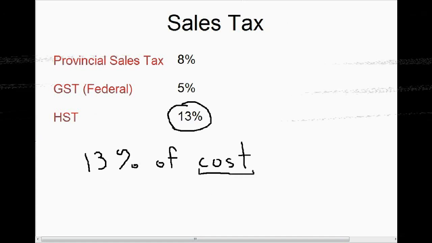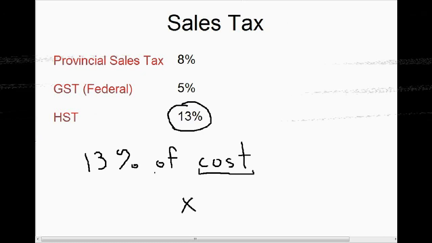The cost will vary depending on what we buy. If we buy a car, it costs a certain amount. If we buy an apple, it costs another amount. So the cost does vary from one item to the next. So I'm going to assign a variable to that. Now, in our algebra unit, we talked about using let statements. I would write something along the lines of let x represent the cost.